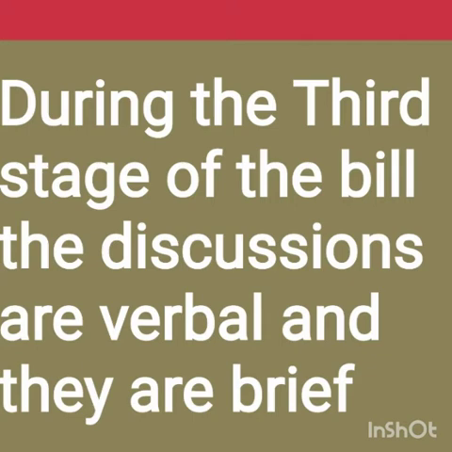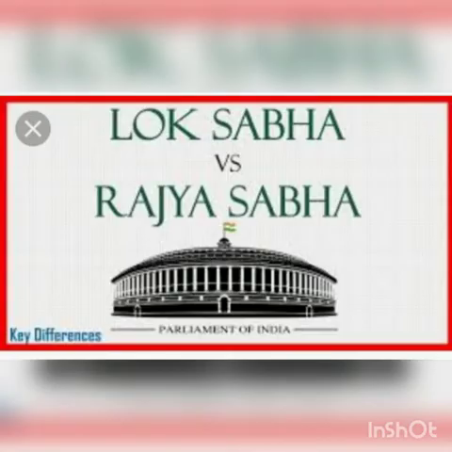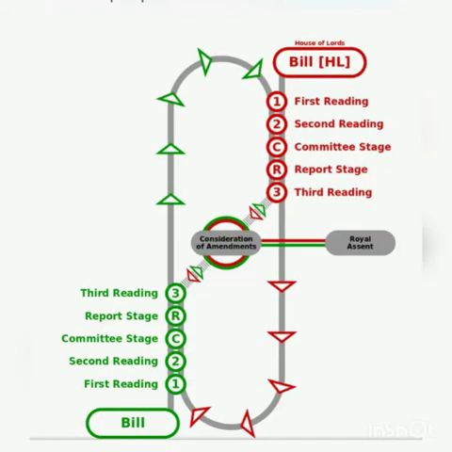After the bill has gone through all the 3 stages in the House where it had been introduced, it is then sent to the next house. There also, in the next house, the bill will go through all the three stages.